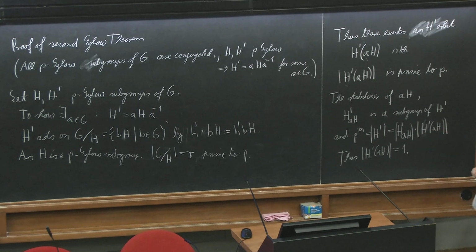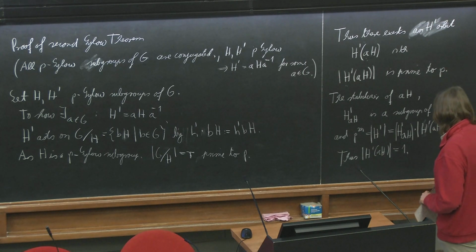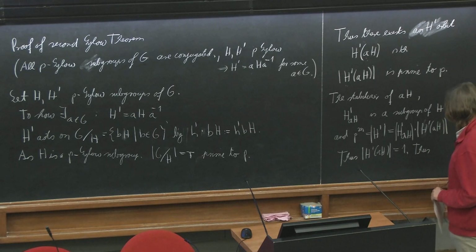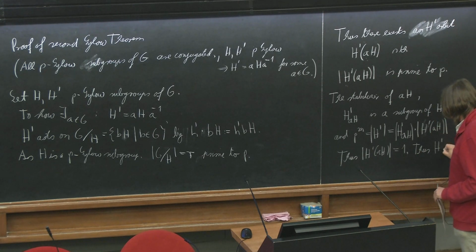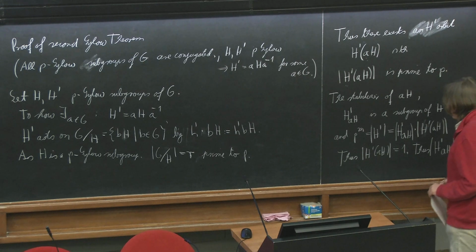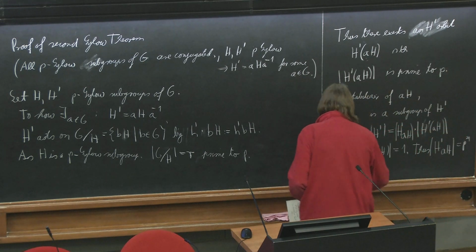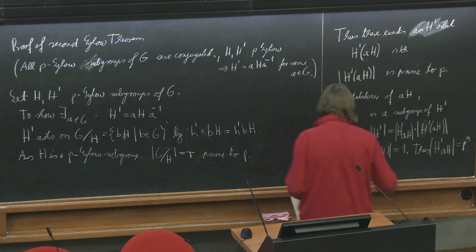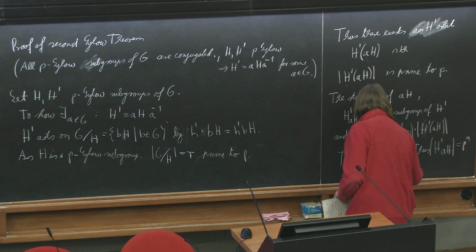So the orbit is just AH, and thus the stabilizer has p to the m elements. So as a subgroup of H prime, it follows that the stabilizer of AH in H prime is H prime.